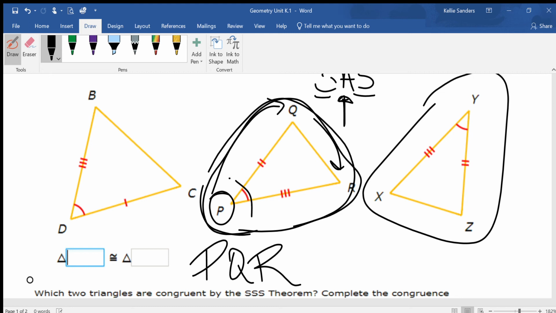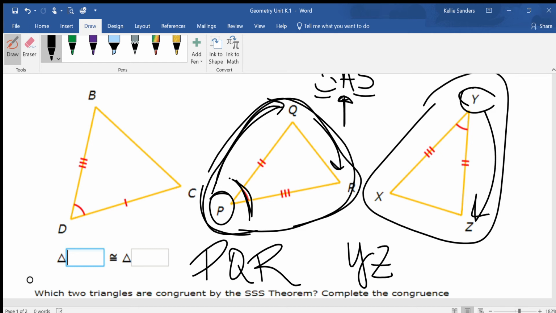P is this angle right here that has that marker, so our first angle on the other triangle is Y. Then we go to Q, which would be Z, and then your R is X. That's your congruent statement.